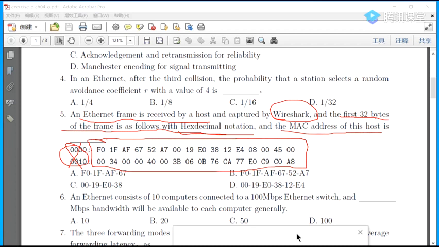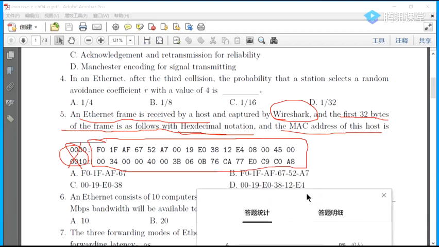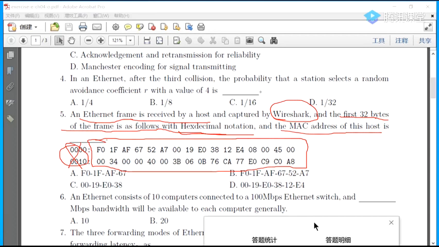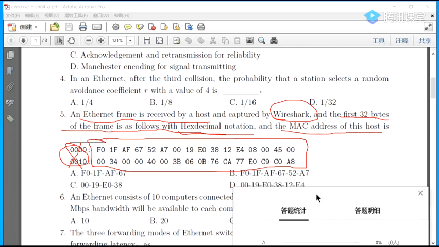That means from the content of the frame, we can determine the MAC address of this host.